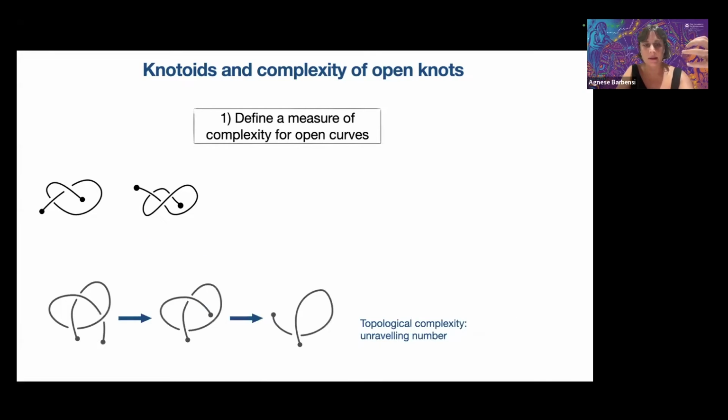Now, an important property of notoids is that it is possible to define a richer set of unknotting moves with respect to knots, and one of these moves are called forbidden moves, and they have to do with moving one endpoint of the diagram from inside a region to a neighboring one.